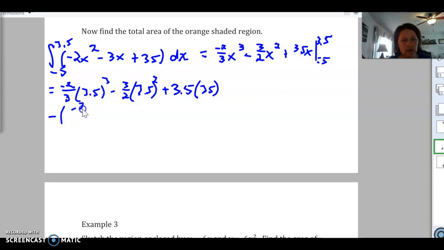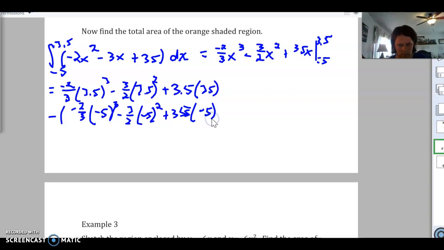So then we have -2/3 times -5 cubed minus 3/2 times -5 squared plus 35 times -5. See, I messed myself up doing that. My pen is acting up a little bit, so sorry that this is all kind of running together.